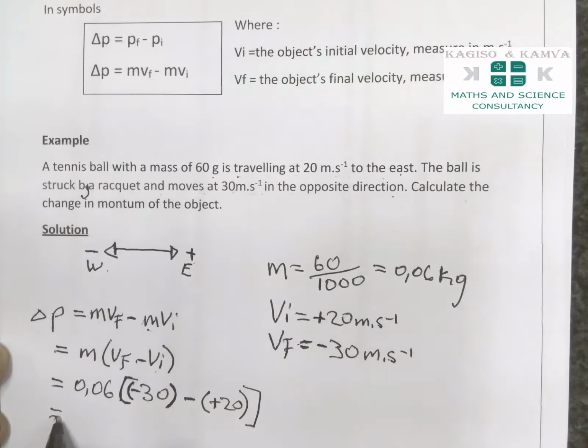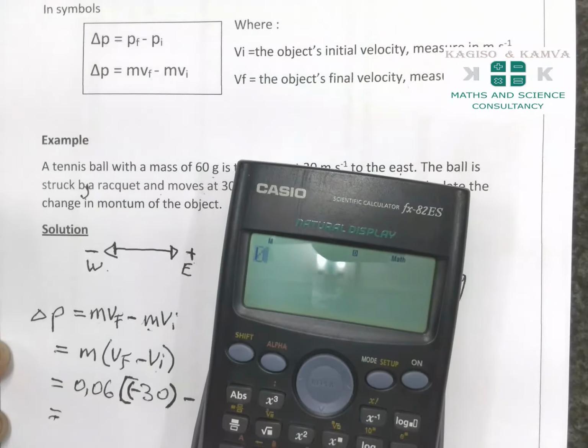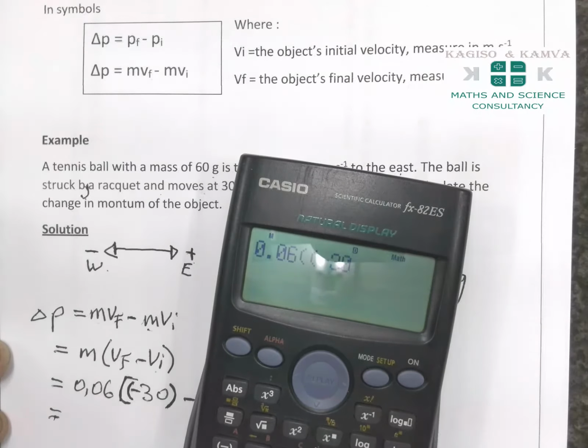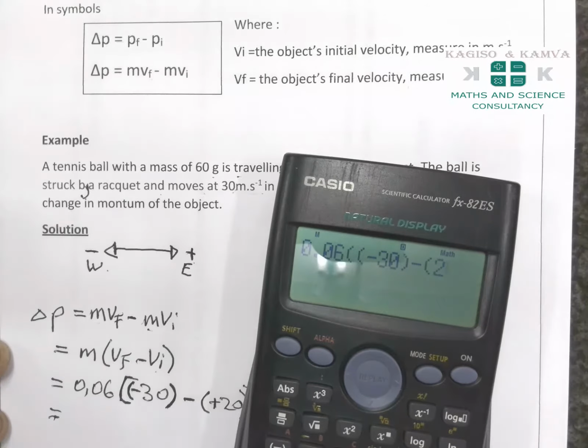So we can punch this in our calculator: 0.06 into negative 30 minus 20.